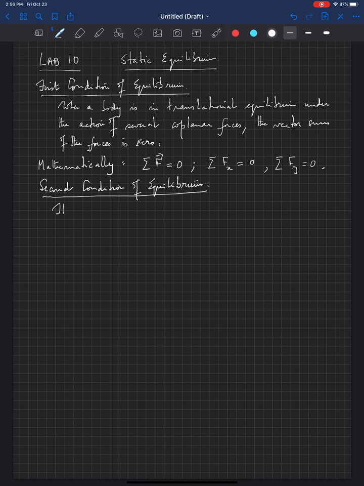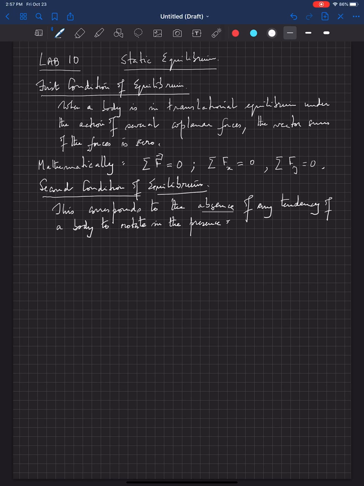I'm trying to define equilibrium in this case: this corresponds to the absence of any tendency of a body to rotate in the presence of all forces acting on the body.